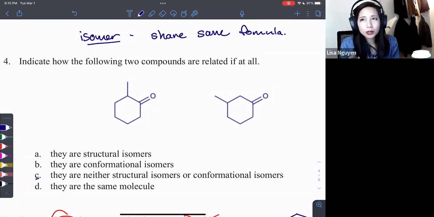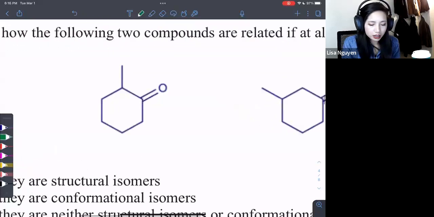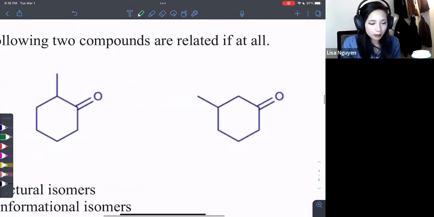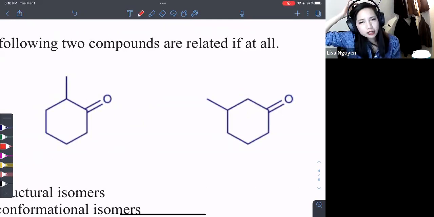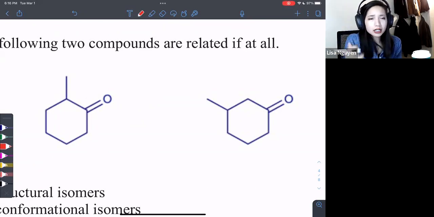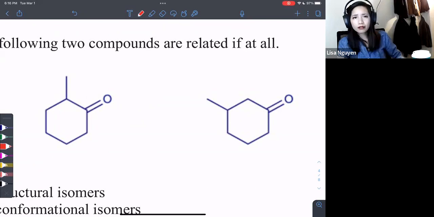But in this case, if we really inspect and take our time and make sure that both of these molecules have the same chemical formula, why don't we get the chemical formula for this compound? Because I think that's good practice with line structures, or skeleton structures, because skeleton structures don't have the hydrogens in them.